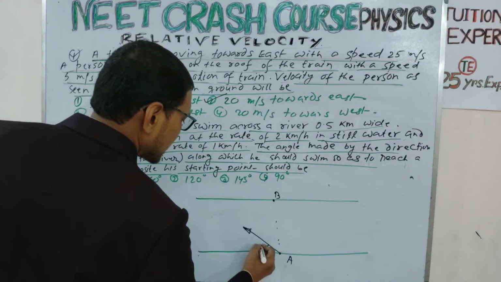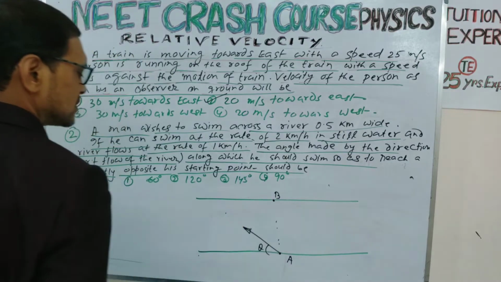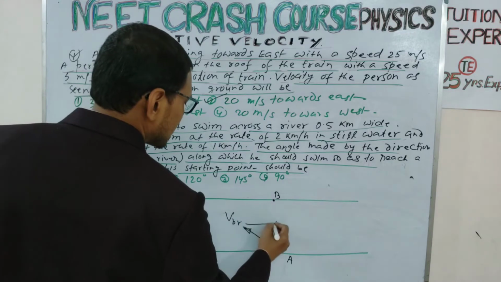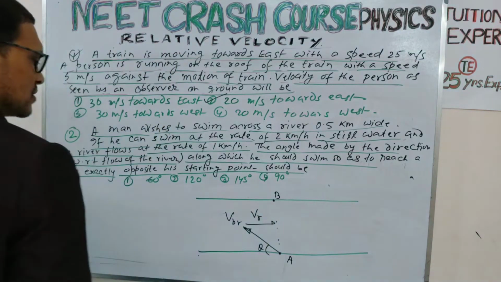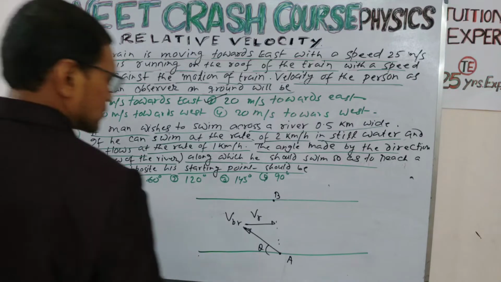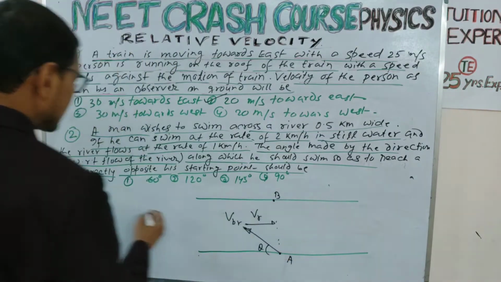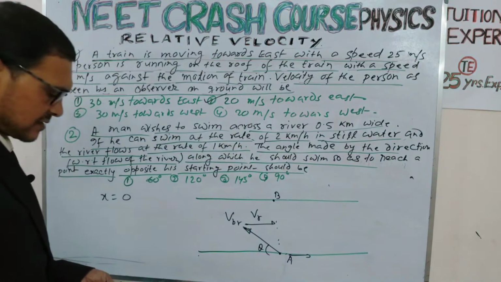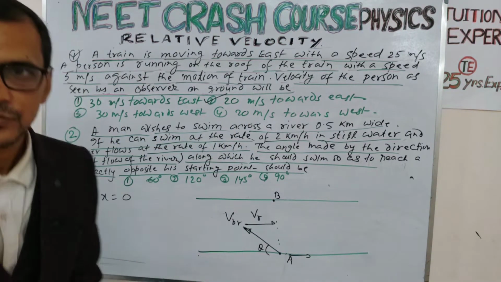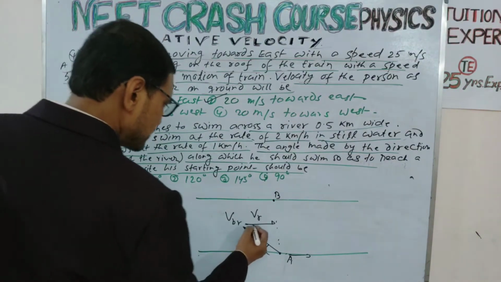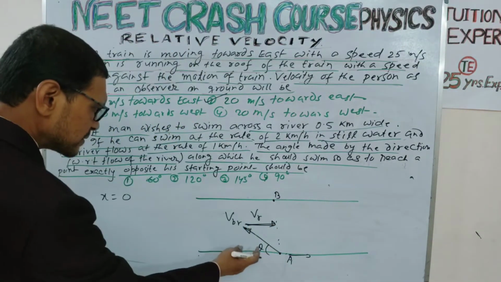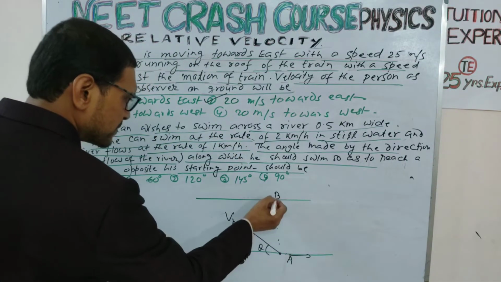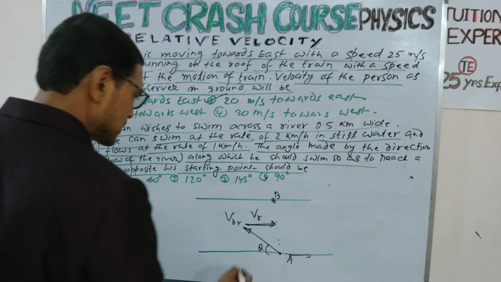If this angle is theta, this velocity we call VBR, and this is VR, the velocity of the river. So now he wants to cross just opposite of A, at point B, so the drift will be 0.